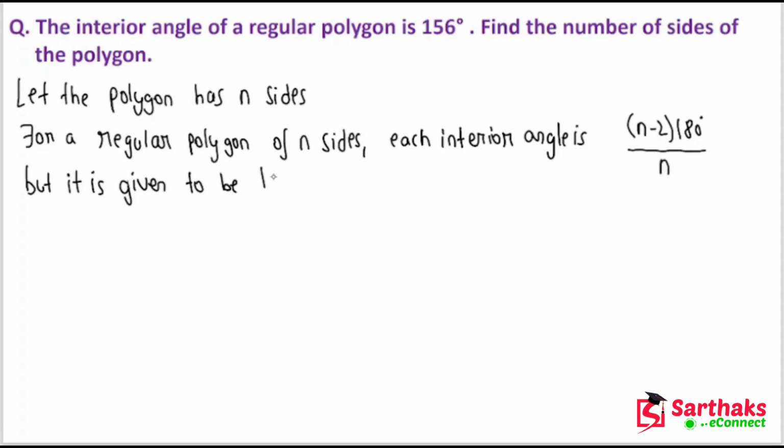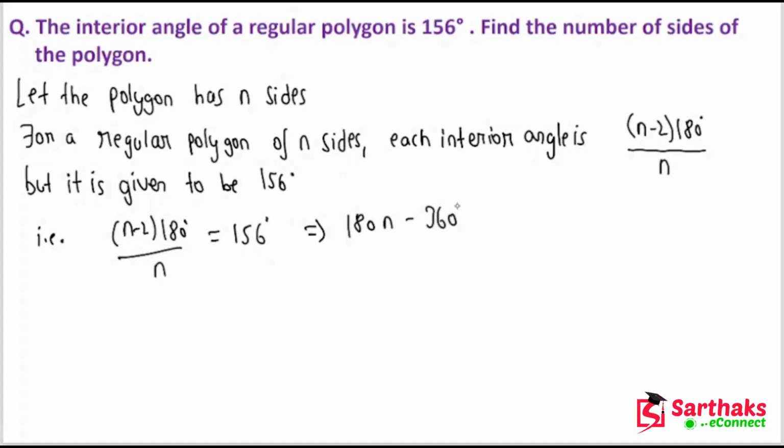If we equate both the conditions, n minus 2 into 180 degree whole upon n is equal to 156 degree, and cross multiplying the n, we would get n into 180, that is 180n minus 360 degree is equal to 156n, and we have cross multiplied this n, bringing 156n to the LHS. 180n minus 156n equals, taking this on the RHS, 360 degree.